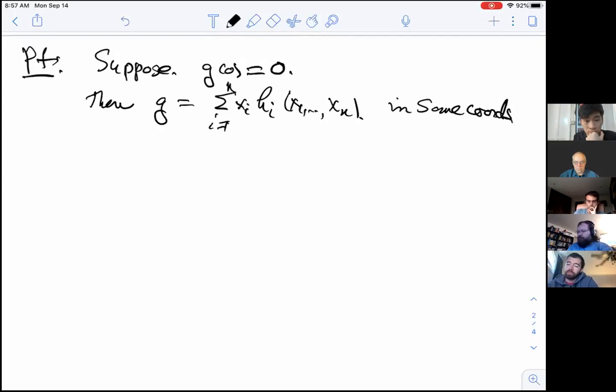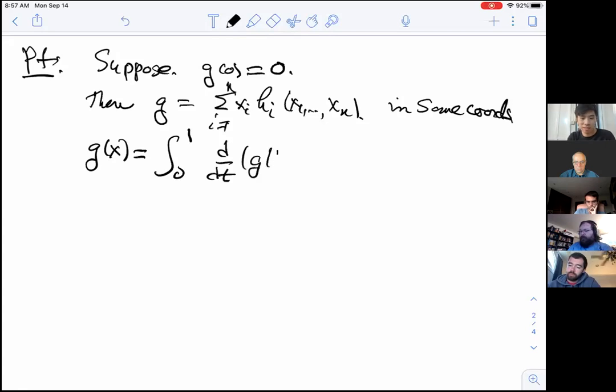Since g of 0 is 0, by the fundamental theorem of calculus, g of x is the integral from 0 to 1 of d by dt of g of tx, integrated against dt. Right? This function takes value 0 at 0 and g of x at 1. Differentiate and integrate from 0 to 1, you'll get the difference.